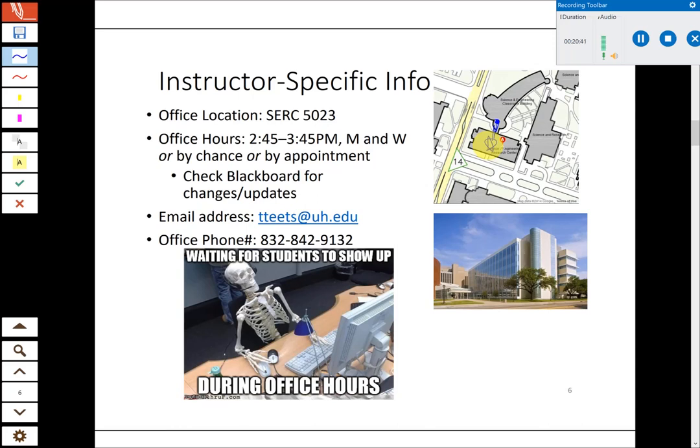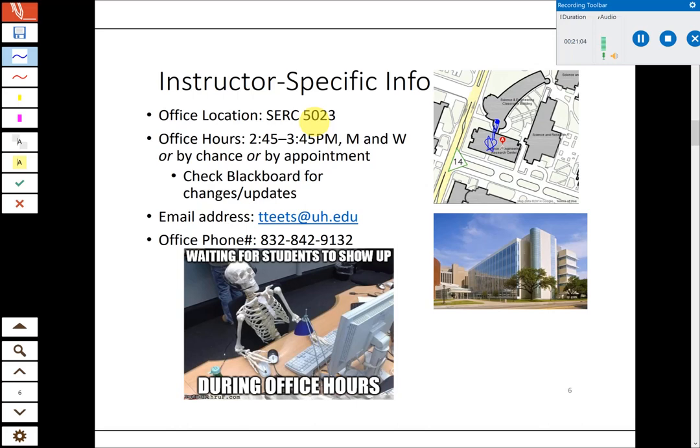Now, in terms of office hours, I've done different things in this course, and typically I don't get a lot of students visiting my office during office hours, for whatever reason. So I will have some that are regularly scheduled. They're going to be right before class. It seems like that was a pretty popular time for students to drop by if they don't have another class before they come.